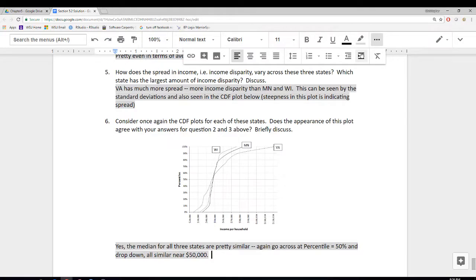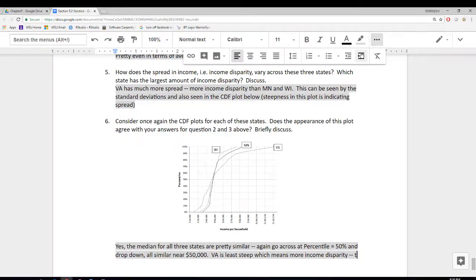Also, the steepness for Virginia, Virginia is the least steep, I guess, which means most income disparity. And this is true.